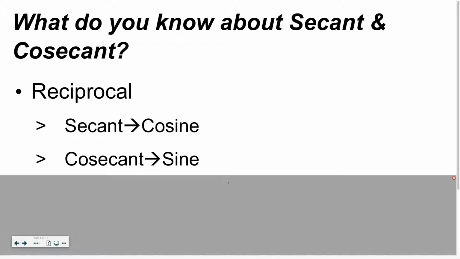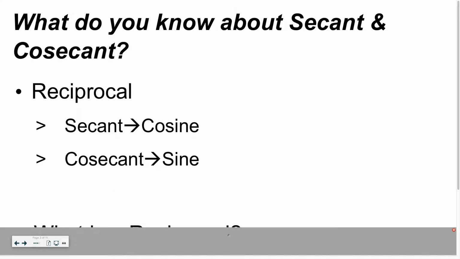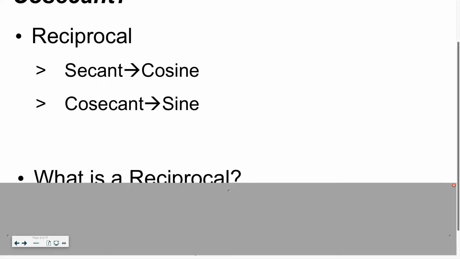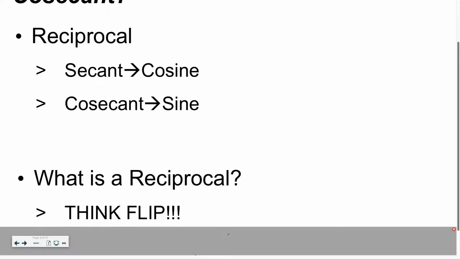Now there is a problem. What happens when sine and cosine are 0? First of all, is it possible for sine and cosine to be 0? Well, what's the reciprocal of 0?